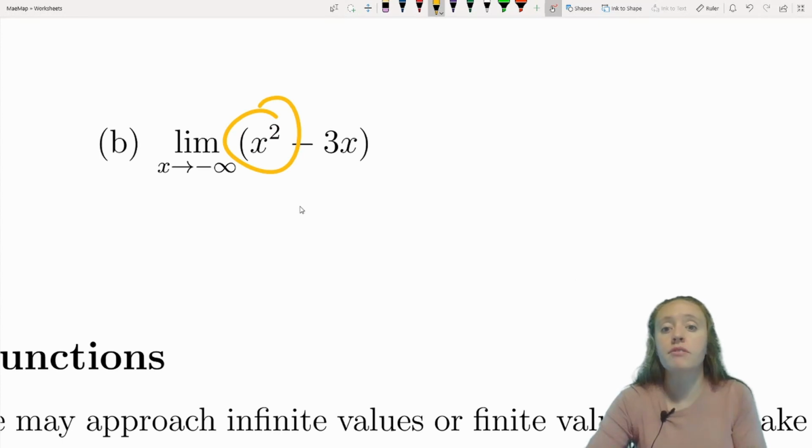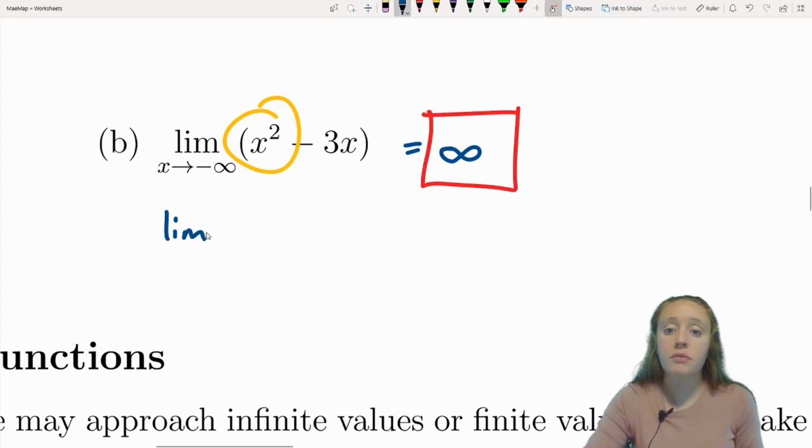So our coefficient out in front is indeed positive, and we have x squared. Now, as we go towards a negative infinity, we're going towards some infinite number, but that negative number is getting squared. So as opposed to going towards negative infinity, we're going towards a positive infinity.